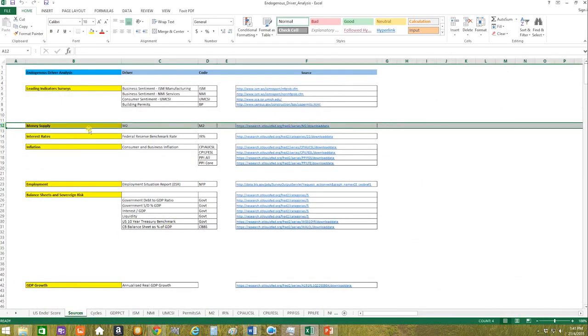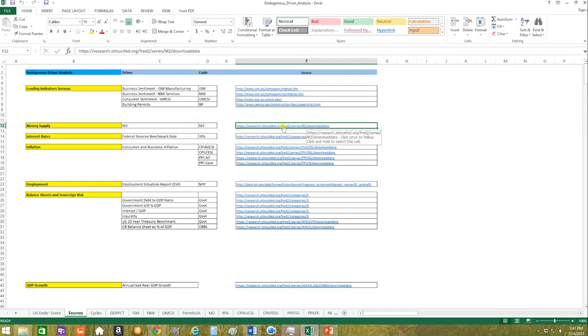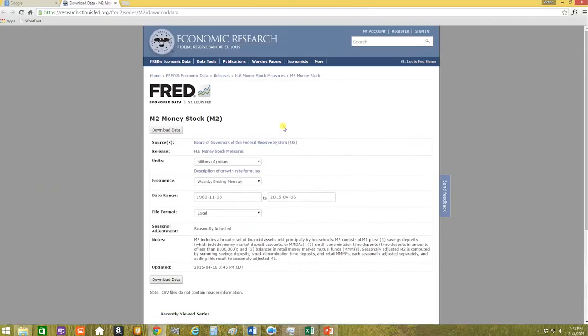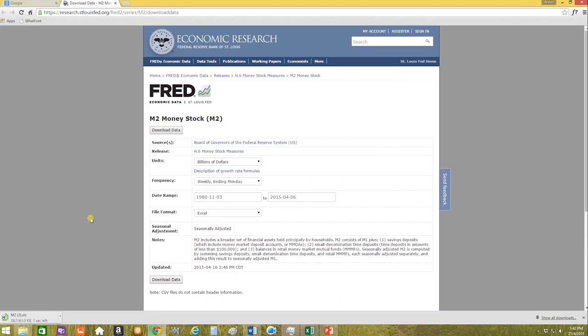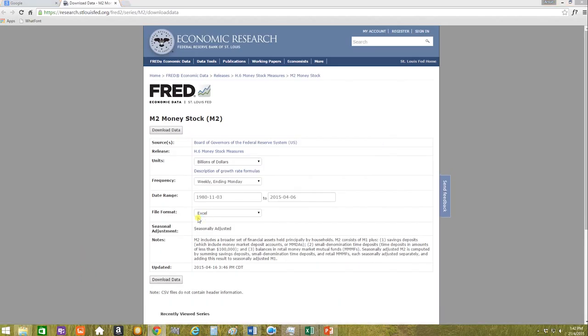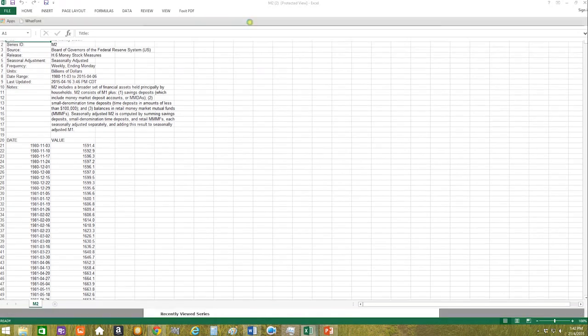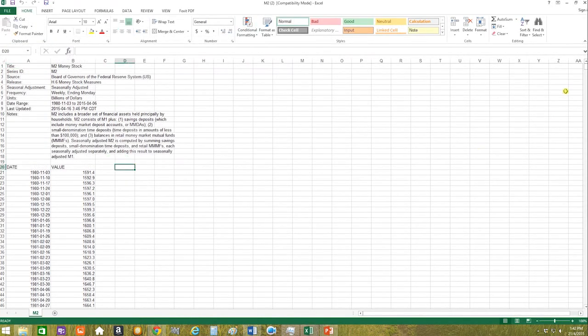And you can see here in our M2 money supply area, in our row here, row 12, we have the link source to St. Louis Fed, where we can download all the data. And if you just go to that link, you can just click on download data, and all the data will pop up.